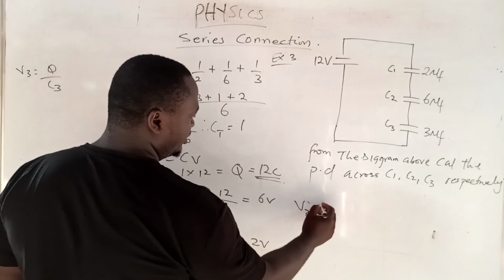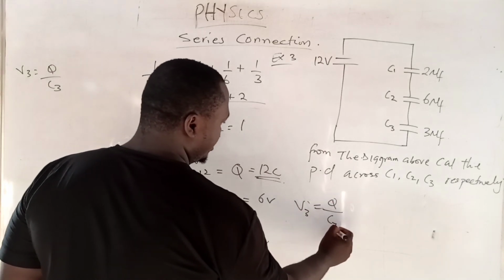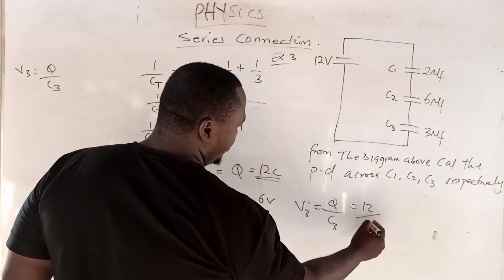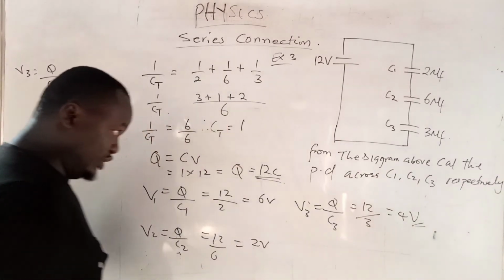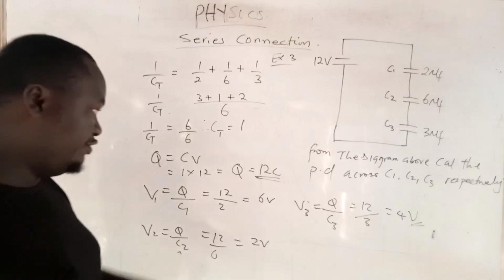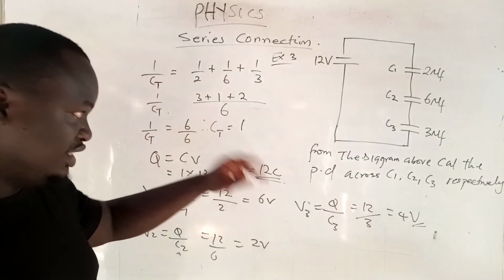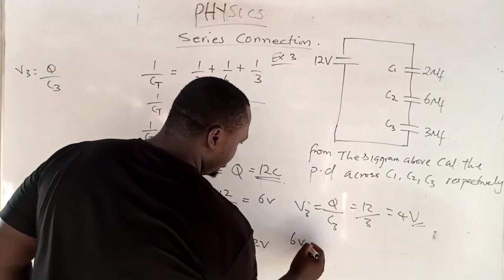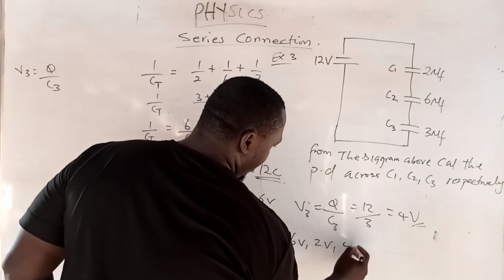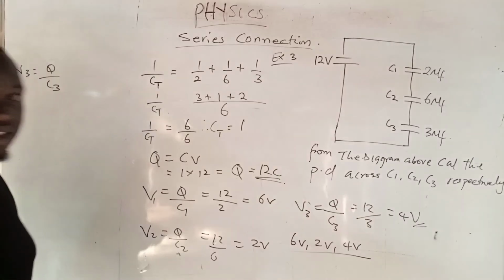V3 is Q all over C3, 12 divided by 3, which gives you 4 volts. So automatically, the voltages across C1, C2, and C3 are 6 volts, 2 volts, and 4 volts. That is the answer to this.